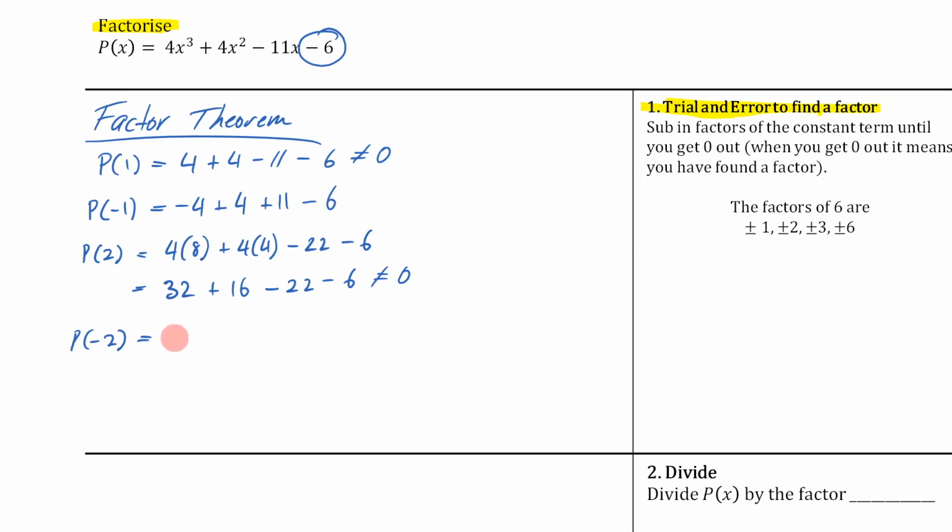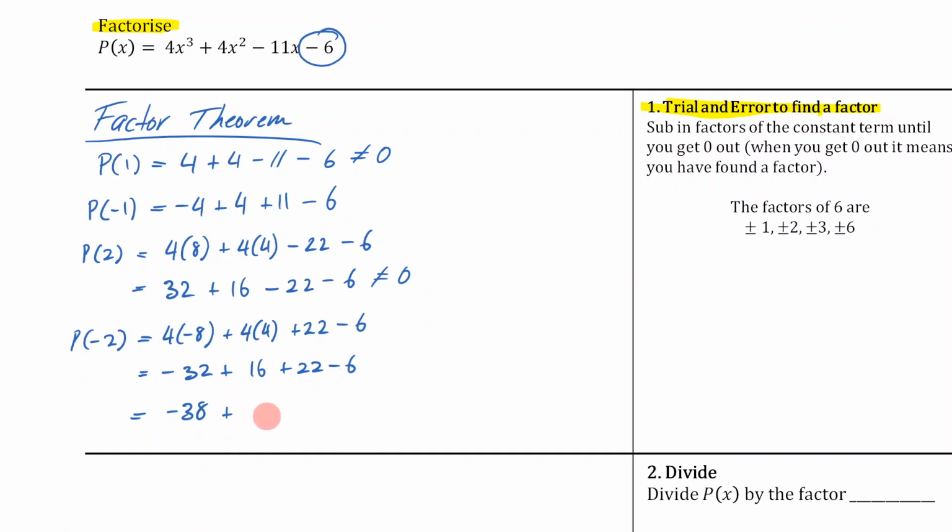This is going to give me 4 of negative 8, then it will be plus 4, then it will be plus 22, then it will be minus 6. So this will be negative 32 plus 16 plus 22 minus 6, which will be minus 38 if I go negative 32 minus 6.